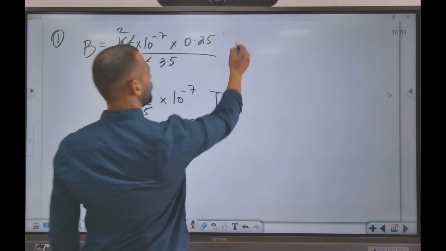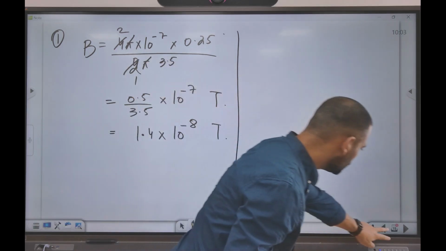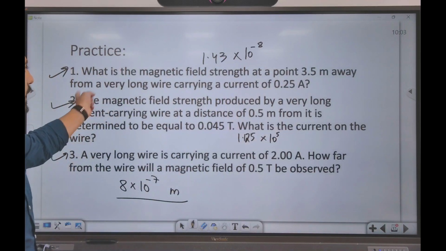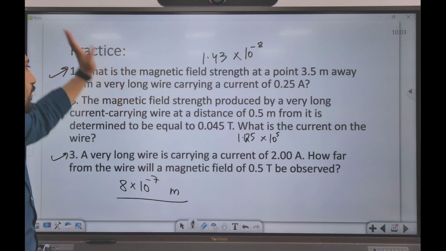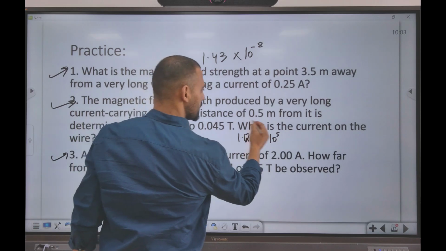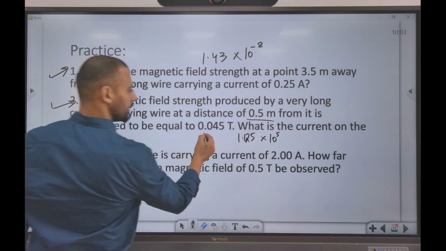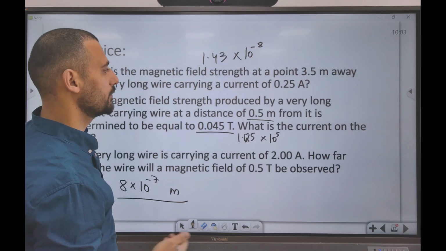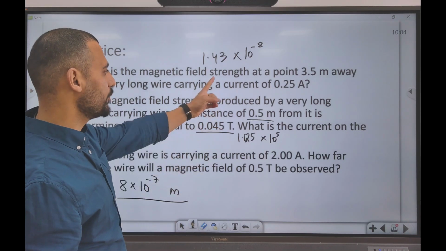For the second one, the question is: the magnetic field strength produced by a very long current carrying wire at a distance. The distance is given, 0.5 meter, and the magnetic field is also given, 0.045. We have to find the current.